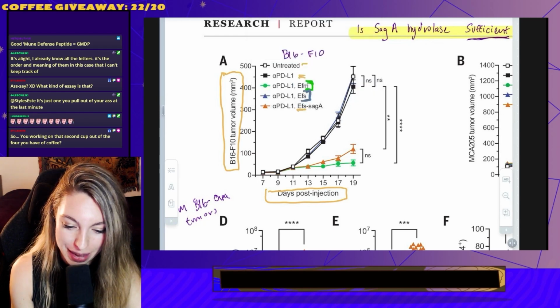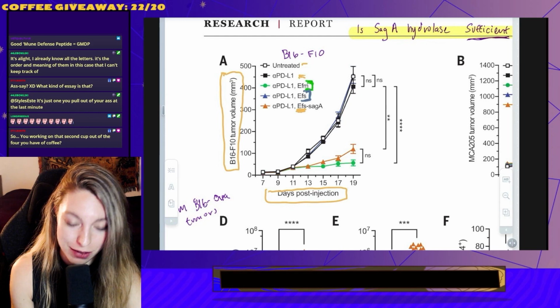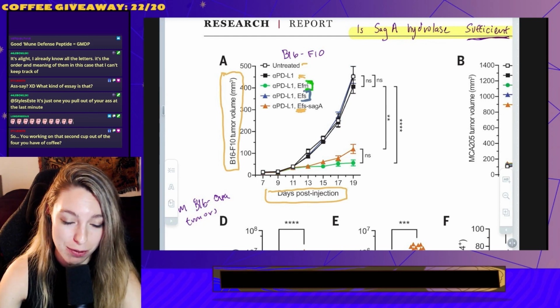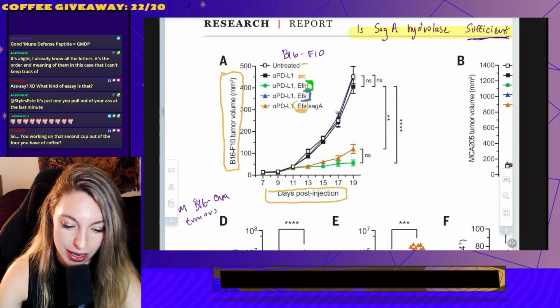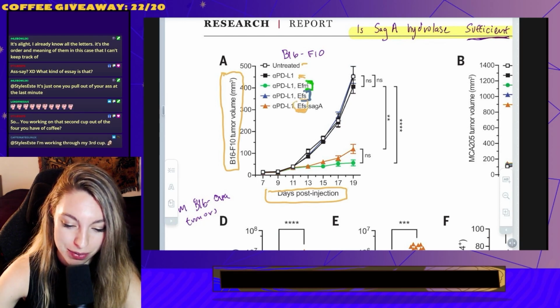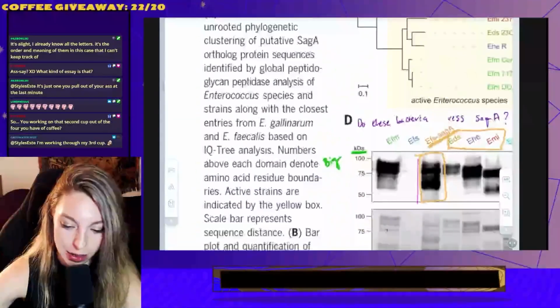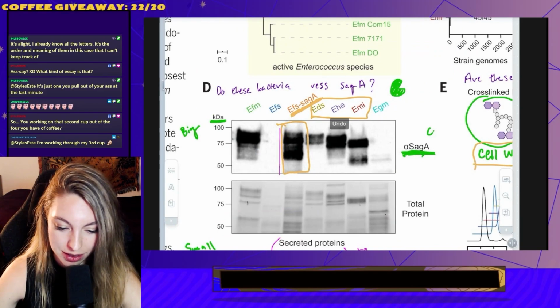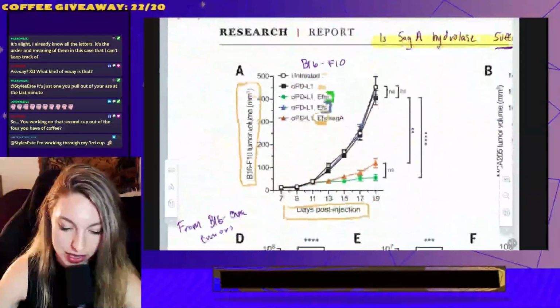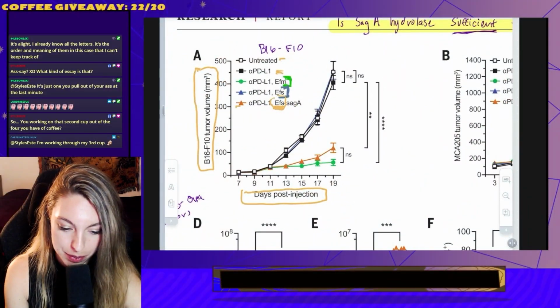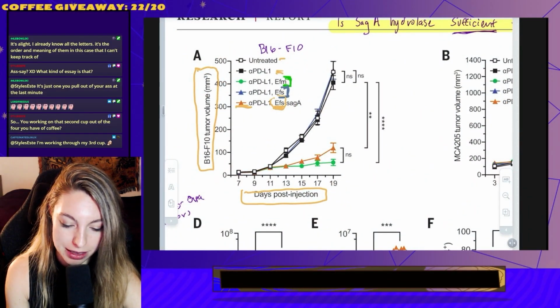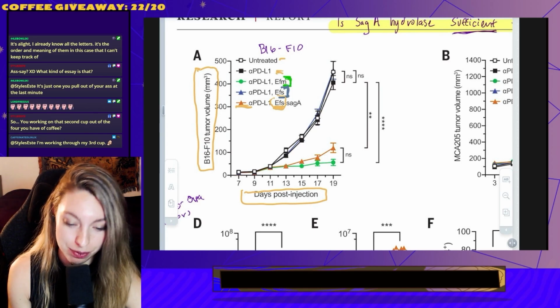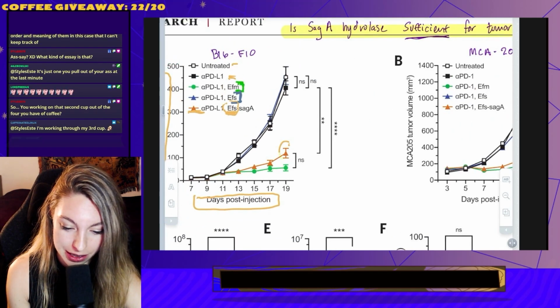They've basically given the DNA to make SagA to this EFS bacteria. So now the EFS bacteria can make SagA, which they confirmed in this Western blot right here. This is SagA, made by that bacteria engineered to express it. They give that special engineered bacteria to the mice, and oh my God, what do you guys see?